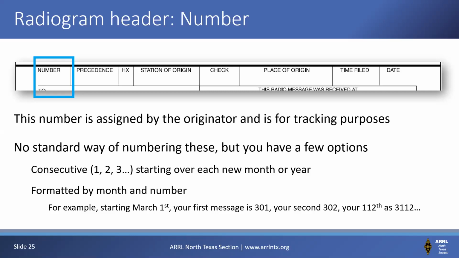You can reset them periodically if you want, maybe go back to 1 on the first of the year. Some stations do it by month. I've been rolling with the same numbers for a few years. I'm at 390-something, and I might go back to 1 when I hit 500. But again, this is just for your own records.